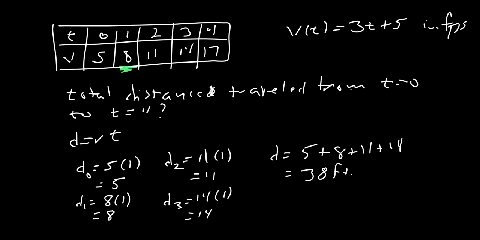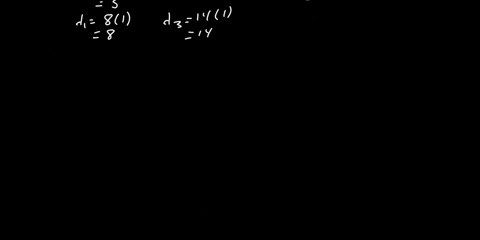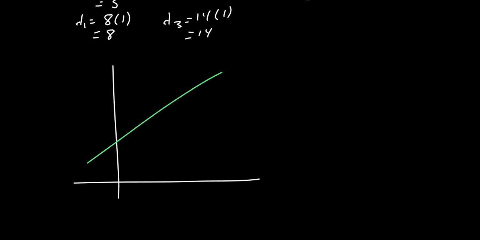Now, if you'll notice, what we've done is exactly the same thing as the area problem. If we think about our velocity graph, 3t plus 5, it looks like this. If we split that up into those 1 second intervals, all we did was look at, at time t equals 0, how fast was this thing going?